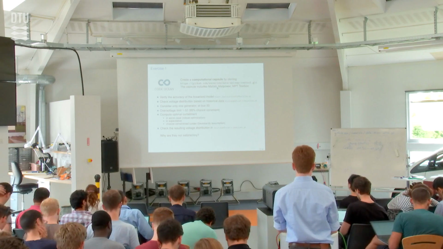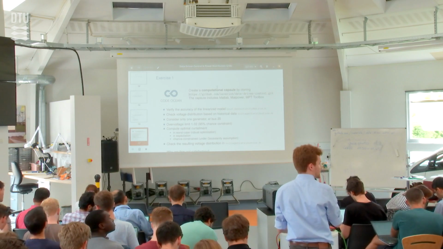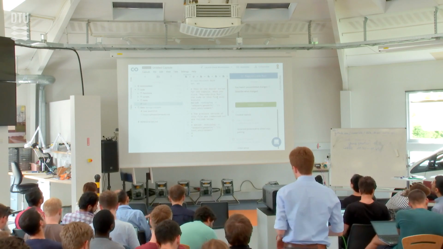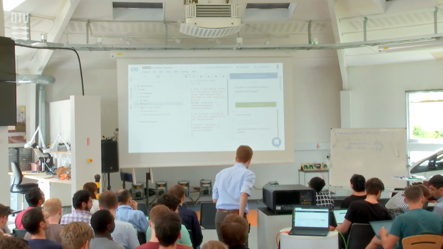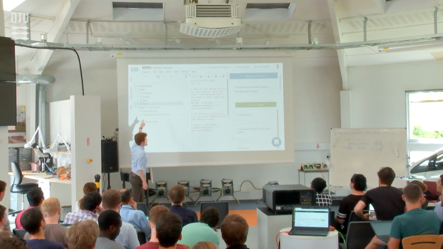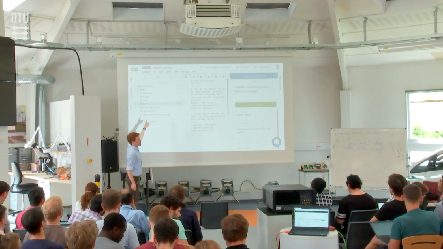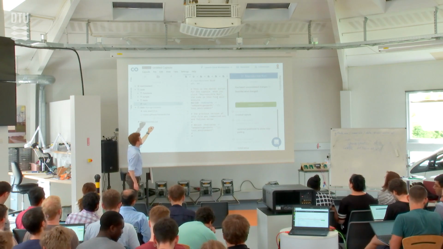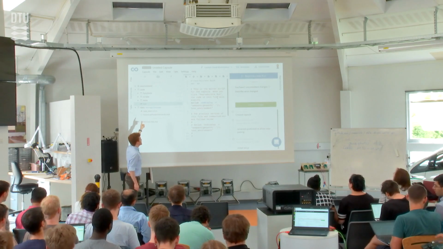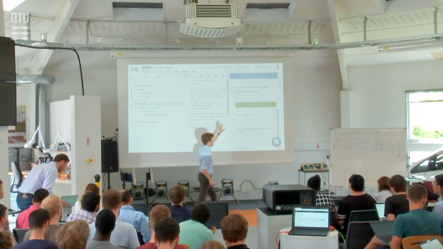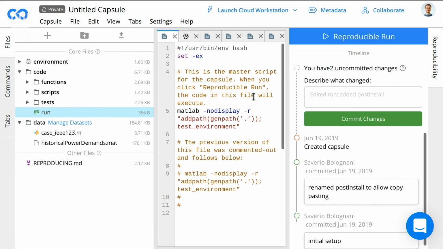One last bit of information. The way it works here is that the set file to run option tells which script you want to run. So you click on any of the scripts there, say that this is the test you want to run, then press reproducible run. The output is here on the right. There are no plots popping up or anything.